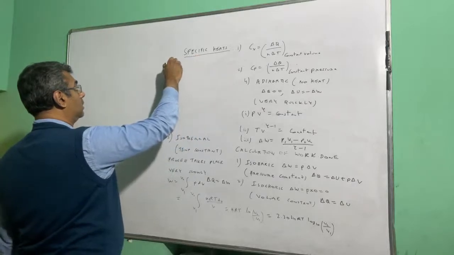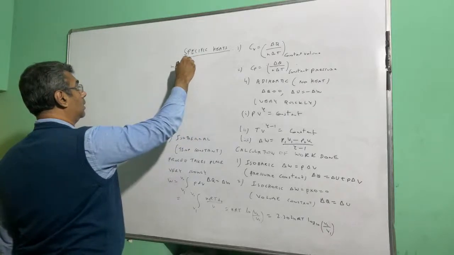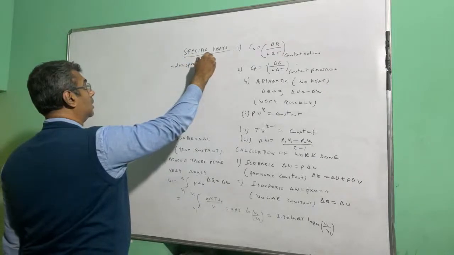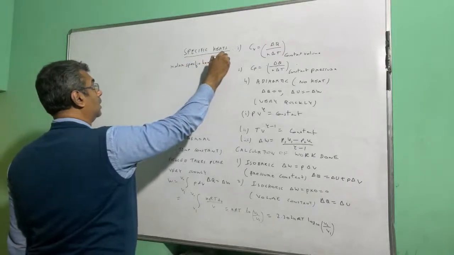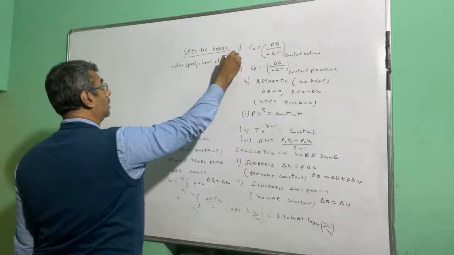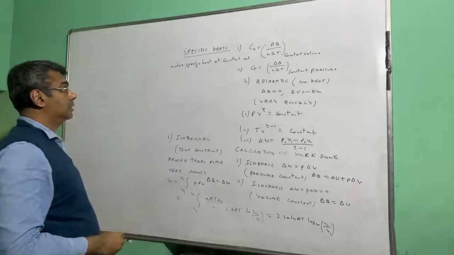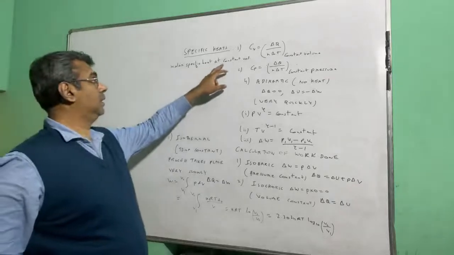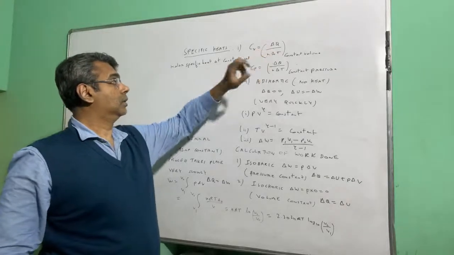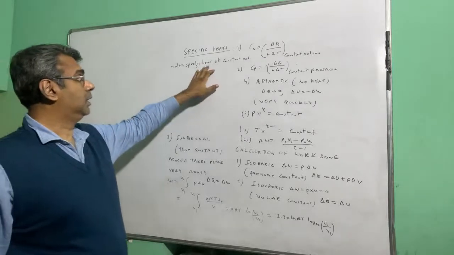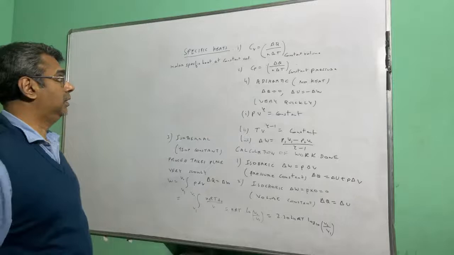It is molar specific heat at constant volume. So CV is delta Q by n delta T. So it is molar specific heat at constant volume, that is CV.